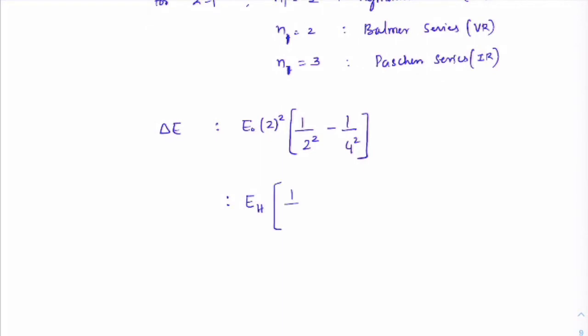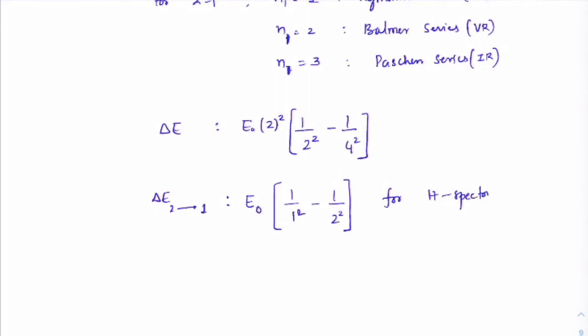I'll write it as E naught. If I multiply that 4 inside, I'll get 1 square minus 1 by 2 square, which means it is a transition of 2 to 1 for the hydrogen spectrum.